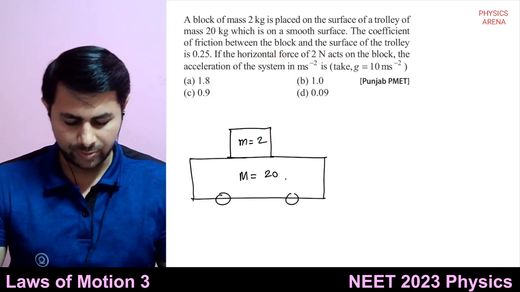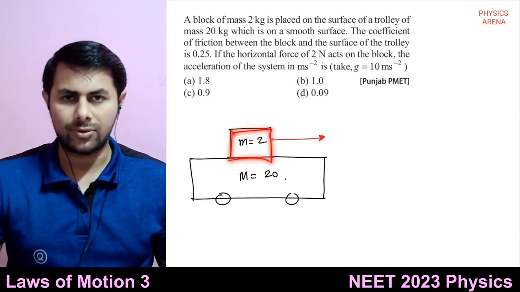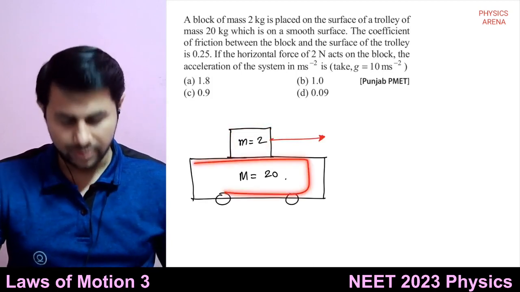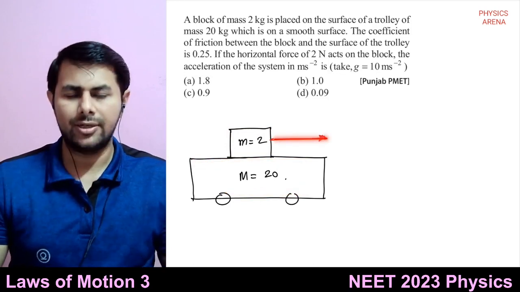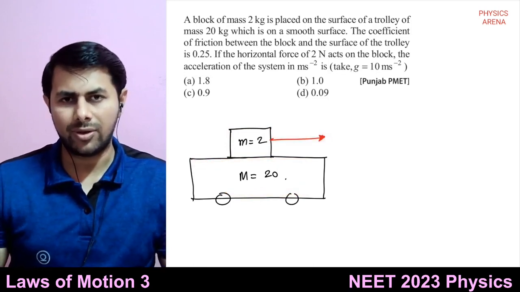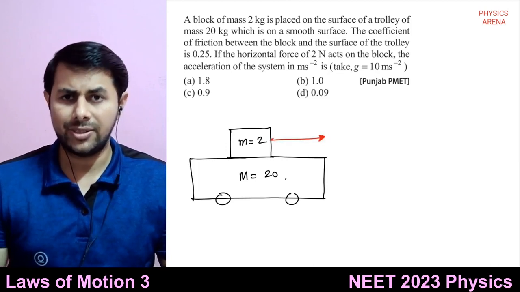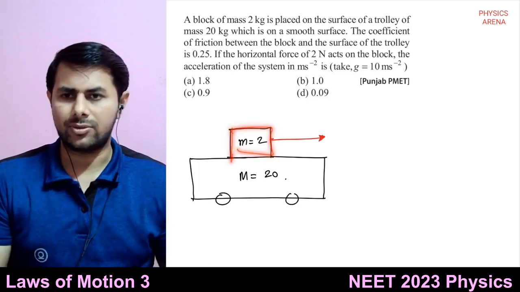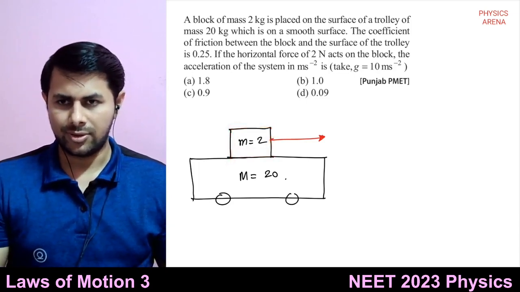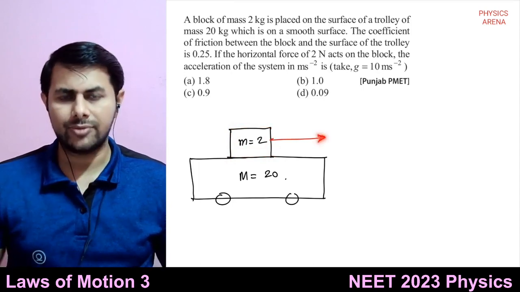And you are exerting a horizontal force of 2 Newton on the block. You are exerting a force on this block only and not on the trolley. So now you have to check whether this exerted force is greater than the limiting value of static frictional force, or if it is less than that. If it is greater, then only this block will move, because the exerted force will exceed the frictional force.